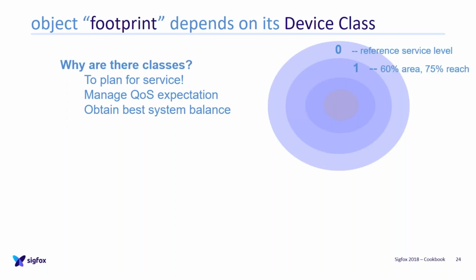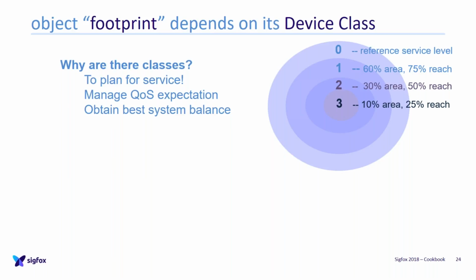A few words about the device class. You probably know the device class, though device makers cannot always understand why we have device classes, what they are for, and how they work. And everybody wants to go to class 0, but it's not that simple. Class 0 is for me the reference, but it's not the one-size-fits-all solution. Of course, the device class quantifies how well your device radiates. So it quantifies the footprint of your family of devices, which is pretty fair.